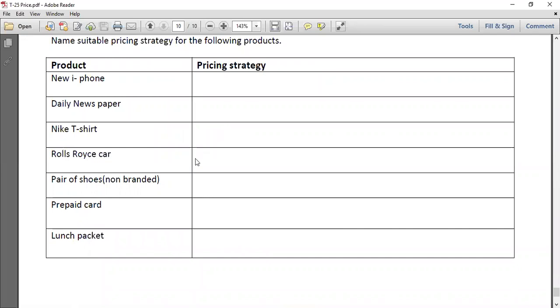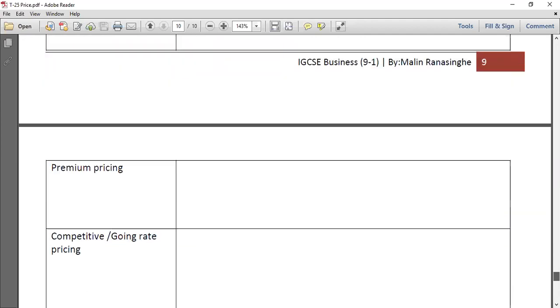For a horse race, definitely the premium pricing strategy; customer-based pricing is good. For a pair of shoes, sometimes promotional pricing is good. For a prepaid card, like a Dialog card, with internet cards priced at 99, 99,999, psychological pricing is good. For a lunch packet, going rate pricing is good, depending on the restaurant. So there are different applications of pricing.